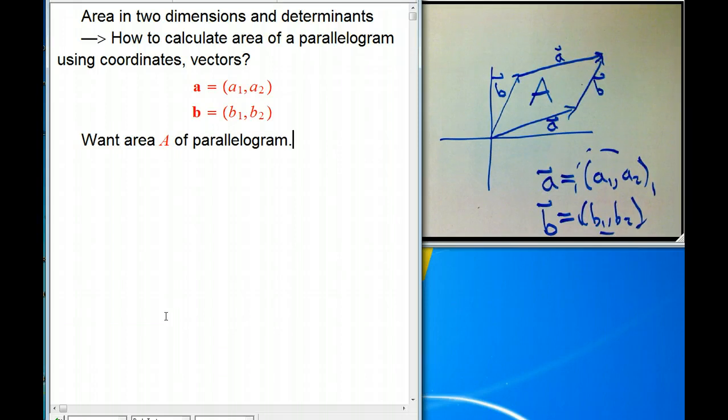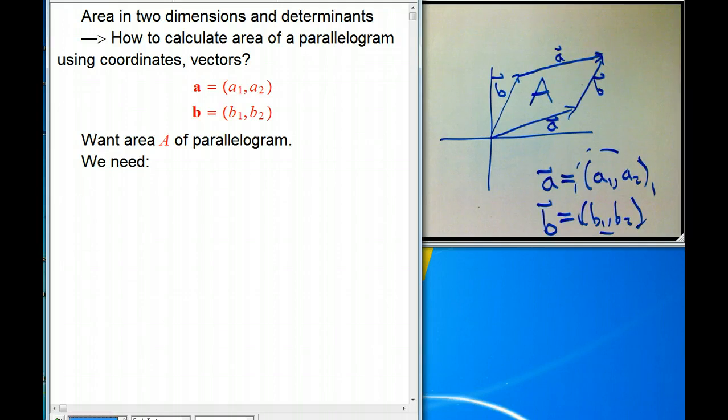So before I just plop down a formula, let's figure out some things we could figure out easily and geometrically about the area. We will reject any formula that doesn't satisfy the two things I'm going to say here.